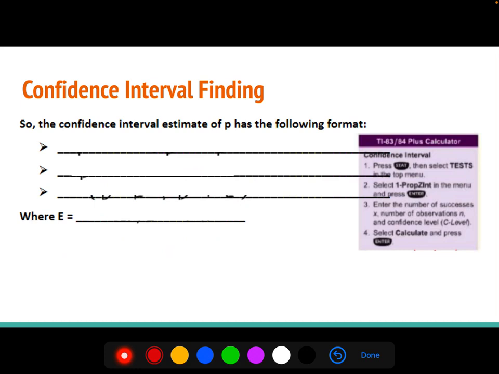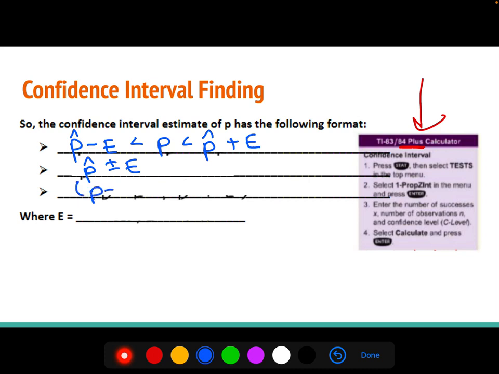Now, confidence interval finding. You can use the calculators in the class, the 84 plus, or since I know both of you do a lot of your work at home, you can also use some of those stat calculators out there to find confidence intervals. These 3 formulas I'm going to write all mean the same thing. P hat minus the error is less than P, which is less than P hat plus the error, or P hat plus or minus the error.